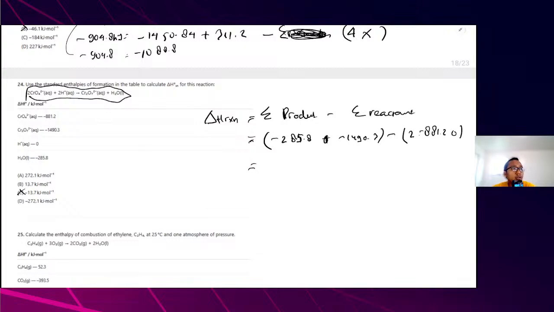Let me check. Yeah, that's true. And then again for number 25.